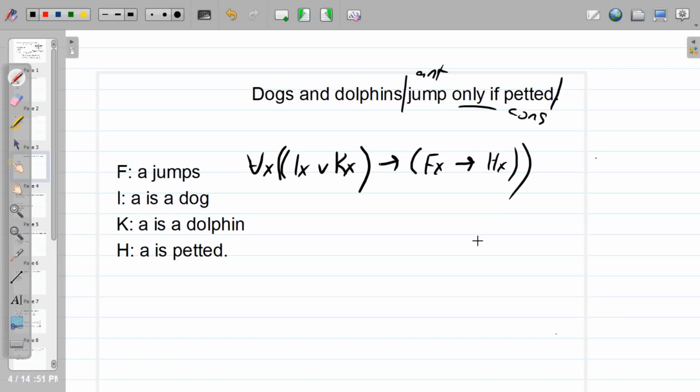All right? So the topic of the sentence is dogs or dolphins, anything that satisfies the predicate dog or satisfies the predicate dolphin. We're saying of that entire class of things, that broadened class, that it has the following property. That in any case where it jumps, it must have been petted. How's that?